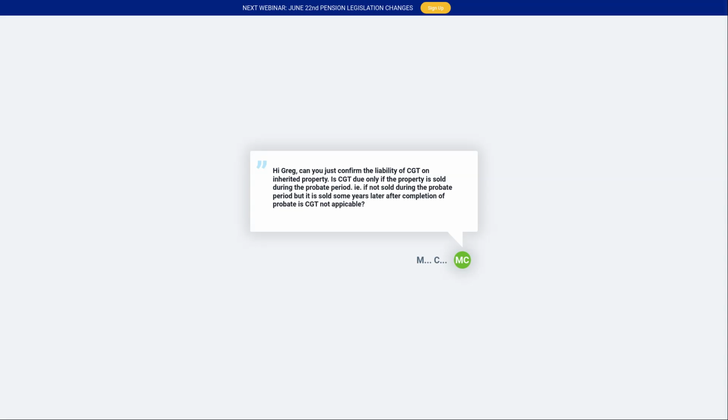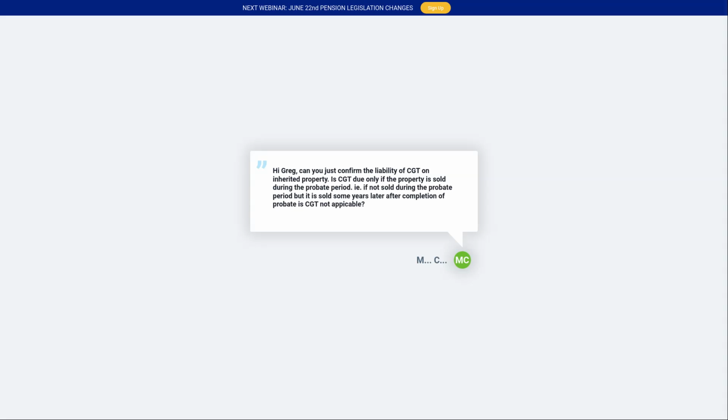So at the point of a loved one passing, that's when the gain or the potential gain on that property disappears, essentially. You will inherit that property at the probate value, and if that value increases from the probate value to when the property is potentially sold, and there is a gain at that point, then there would be CGT applicable.